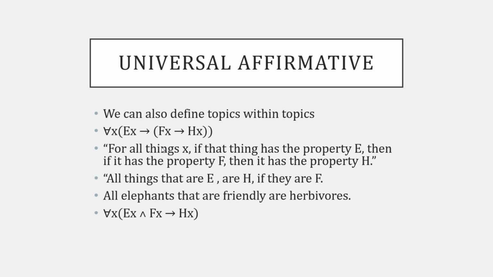Okay. Here's another way of doing the same basic thing. You could equally have said that using a series of conditionals, right? So we could say for all x, if something is an elephant, then if it's friendly, then it's an herbivore.